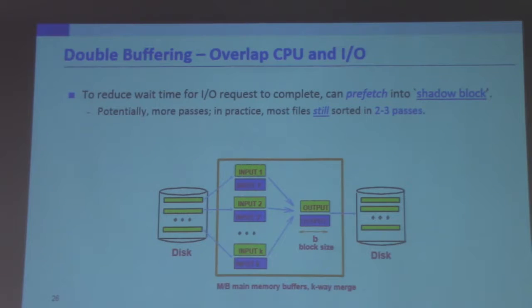You load the first page into the buffer, and you start merging them. At some point, you run out of data for that page. What do you do? You load the next page from the same run, but this takes time.